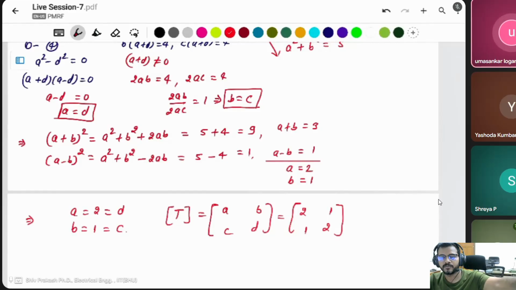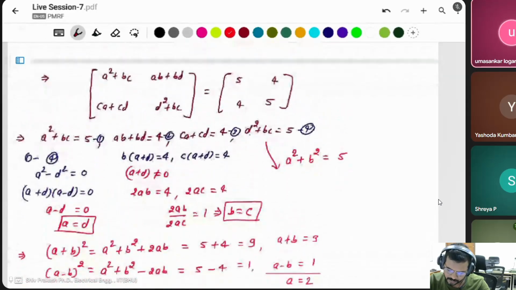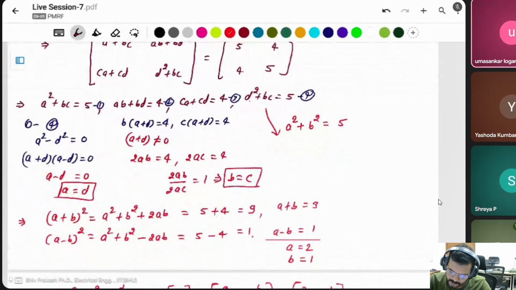Sir, how did you write a plus b equal to 9? This is not a plus b equal to 9, actually a plus b whole square is equal to 9, because of a square plus b square I get from here. D is the same as a, that's why this will be a square, b is equal to c, then you can put b also in place of c, then this will be b square.